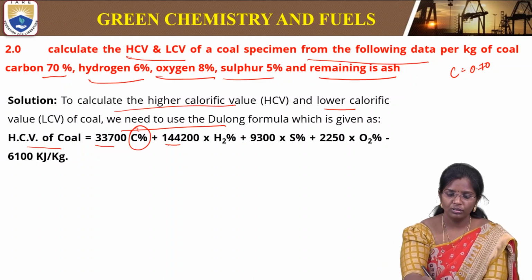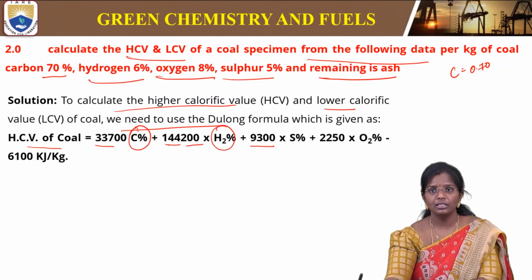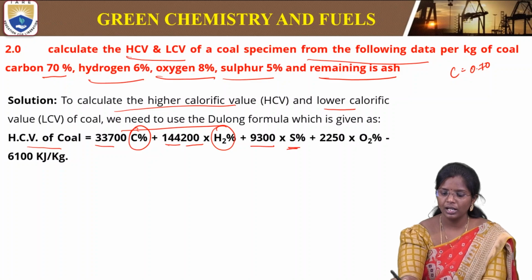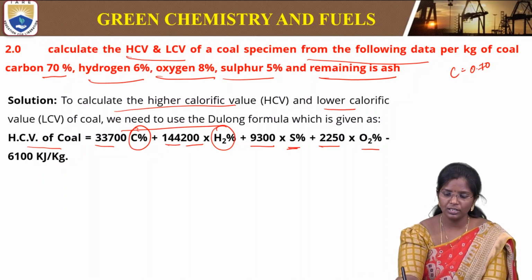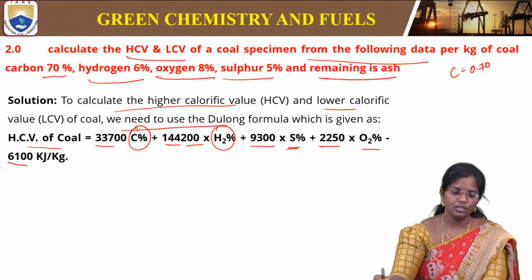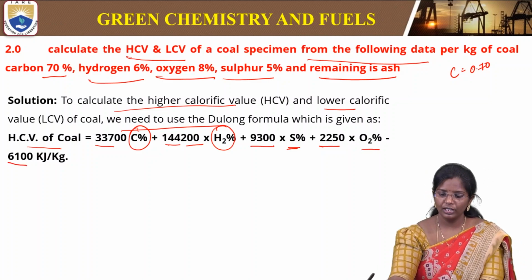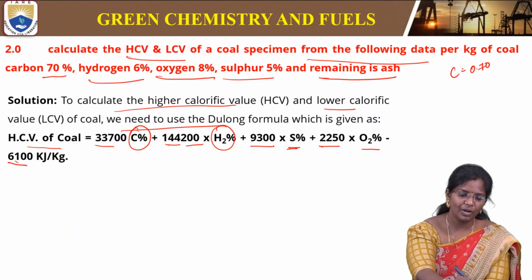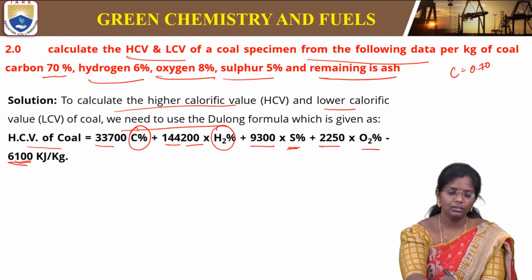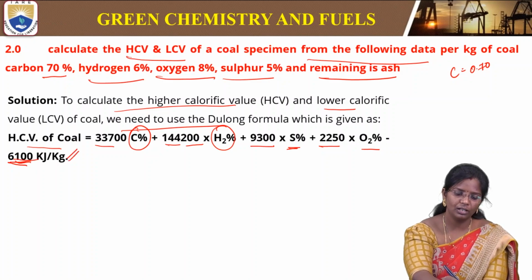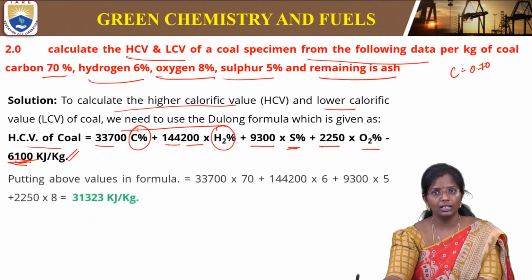So 144,200 into hydrogen in percentage plus 39300 into sulfur percent plus 2250 into oxygen in percent minus 6100 kilojoules per kg. Whenever we are taking percentages, these values will change, so we need to remember one of the formulas so that we report in kilojoules per kg.